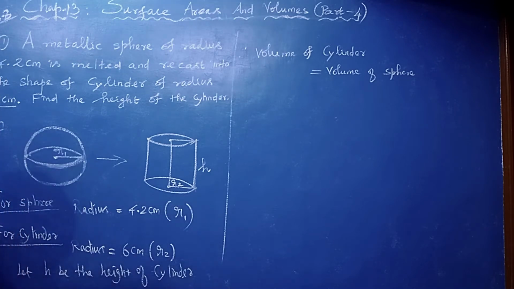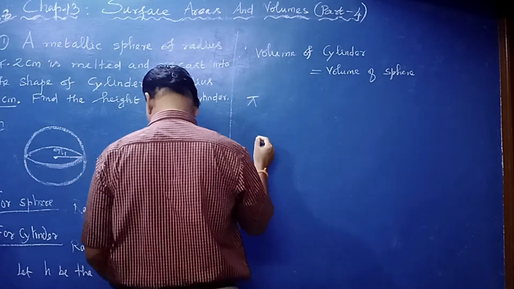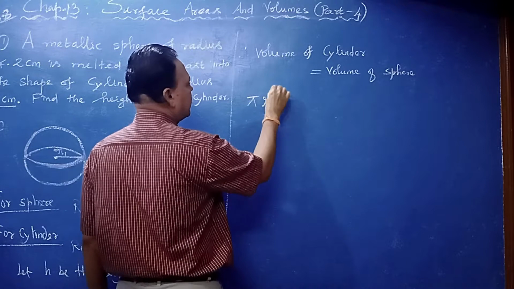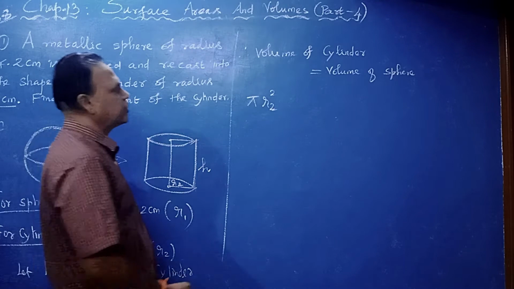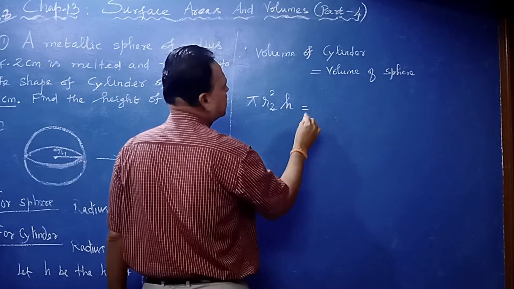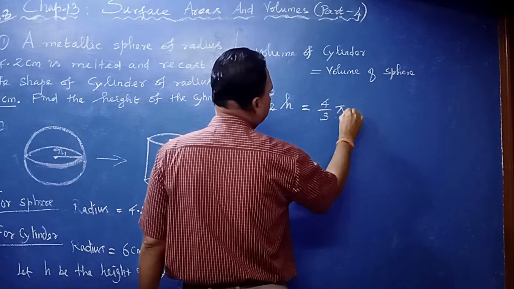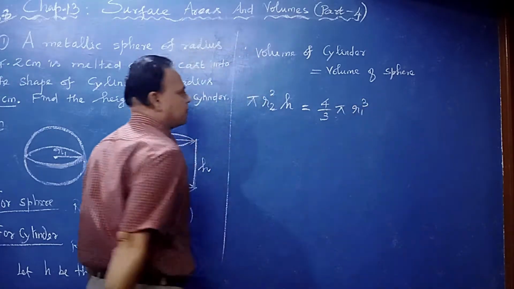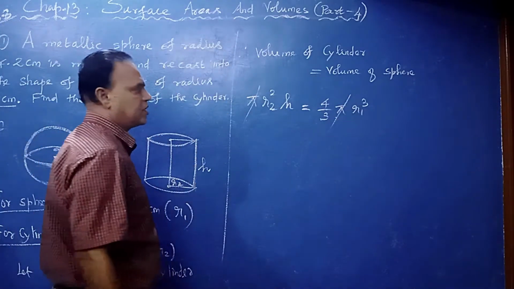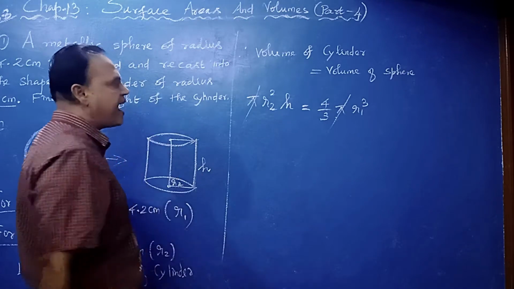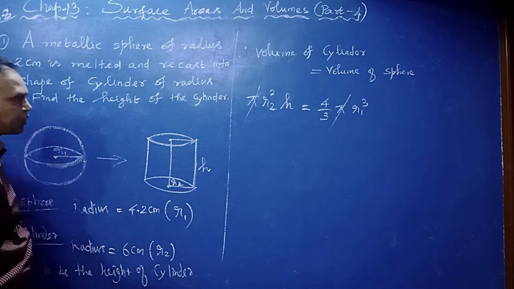Now, what is the volume of cylinder? Pi R2 square H, correctly you have to write the formula, equal to the volume of a sphere, 4 by 3 pi R1 cube. Now on both sides pi gets cancelled. Now put the values of R1 and R2.